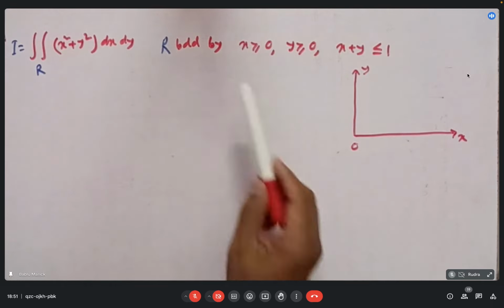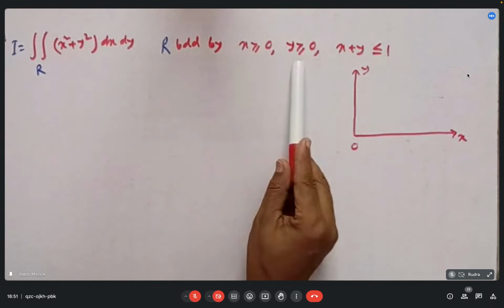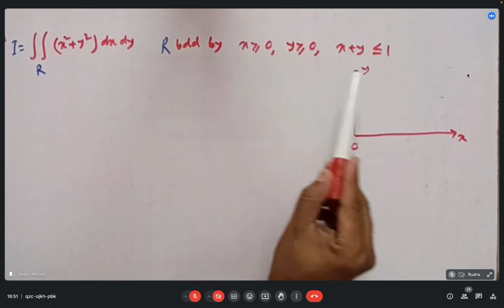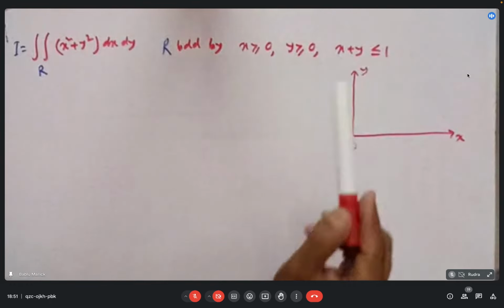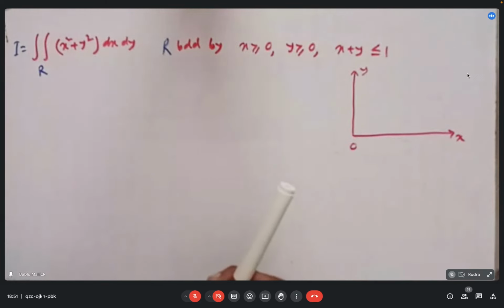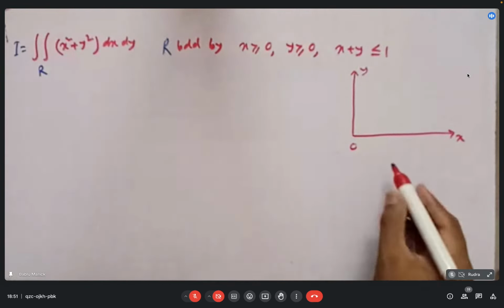Here x greater equal to 0, y greater equal to 0 indicates that we shall use the first quadrant. And x plus y less equal to 1.